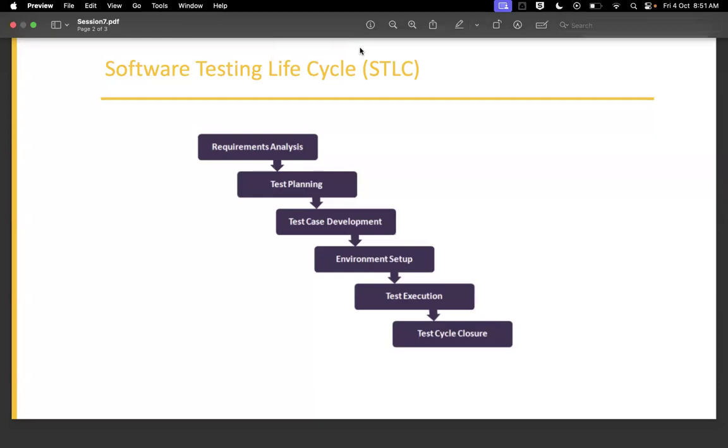At the start, we will do the test execution in all the environments, and after that we will have the test cycle closure. Test cycle closure comes into consideration whenever all the pointers planned in the sprint are working fine without any defect issues.